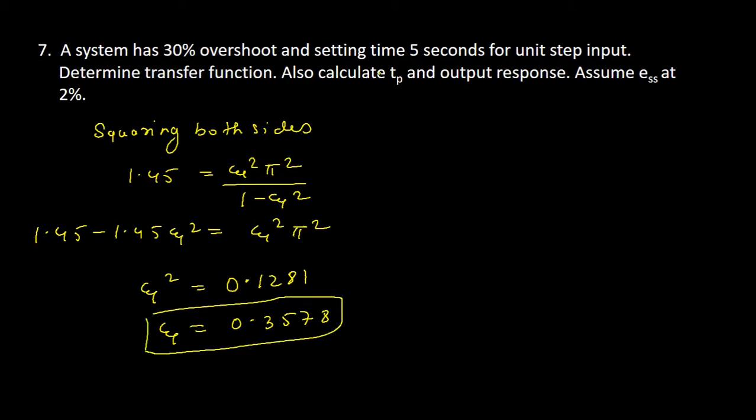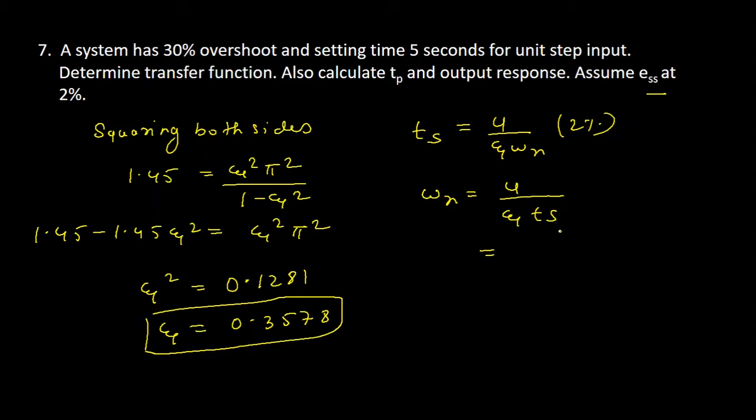It is given in the question that settling time is 5 seconds and we have to assume the steady state error at 2%. That means the settling time is taken on a 2% tolerance basis. At 2% tolerance basis, the formula for settling time is 4 upon zeta omega n. Now from this equation, omega n will be equal to 4 divided by zeta into Ts.